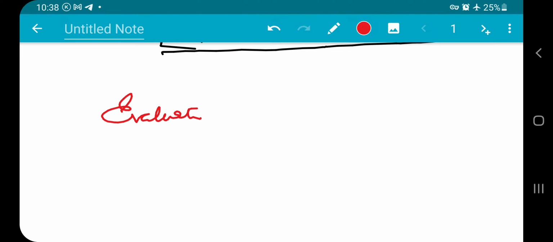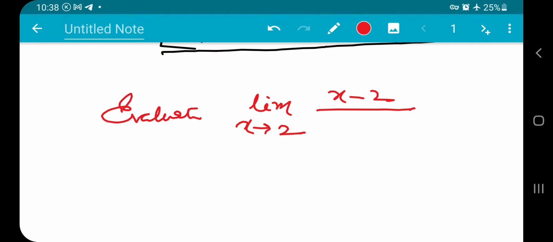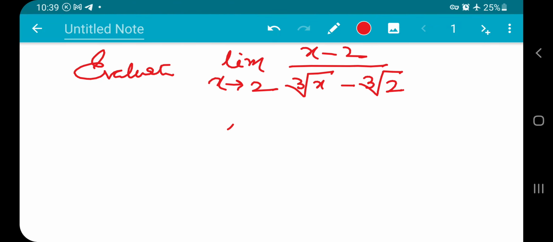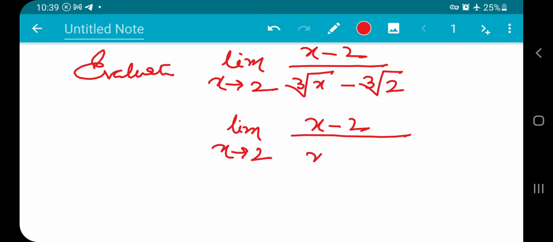Evaluate limit x tends to 2, x minus 2 by cube root of x minus cube root of 2. So we can write like this: limit x tends to 2, x minus 2 by x to the power 3 by 2 minus 2 to the power 3 by 2.